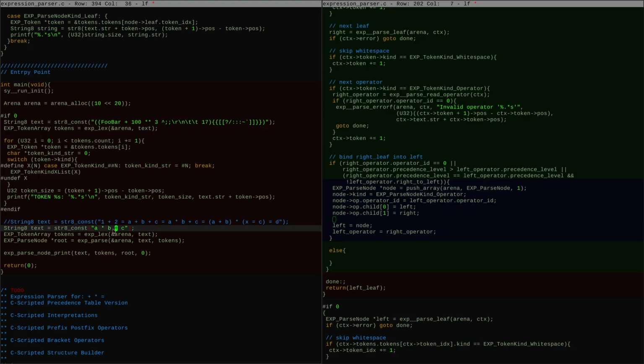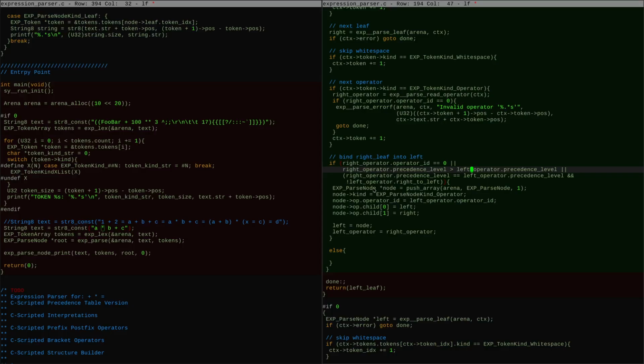We compare the operators. We see that this has a precedence level higher than this, and levels are inverted so that this is stickier than this because it has a lower level. A lower level number makes it stickier.